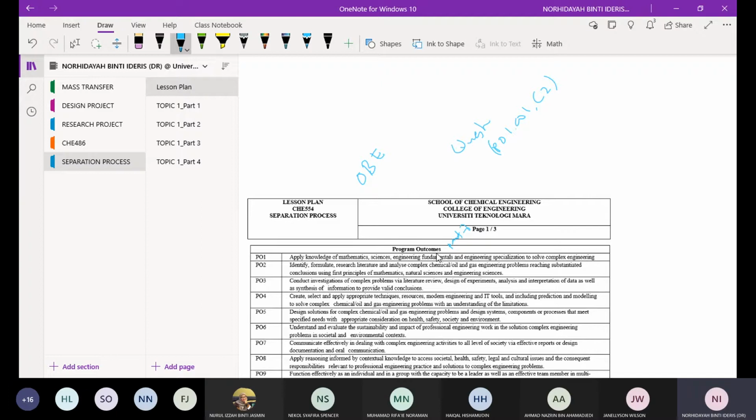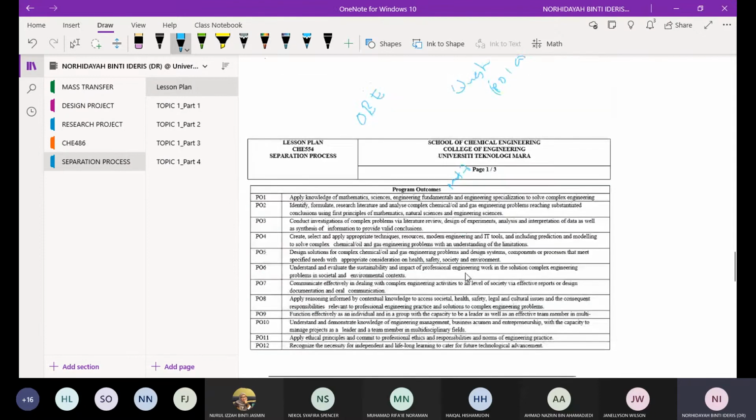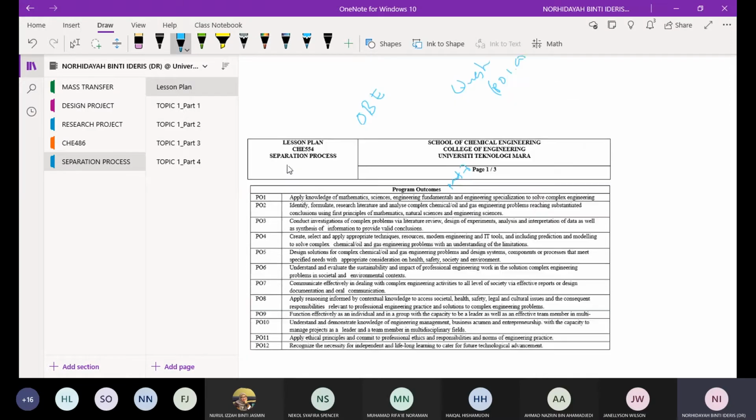Okay, so if you can see here, for the separation process, we have 12 POs altogether. Kan, in total we have 12 program outcomes. But you can see that for the separation process, the subject is quite straightforward, which means that we have 3 hours of lectures and 1 hour of tutorial.